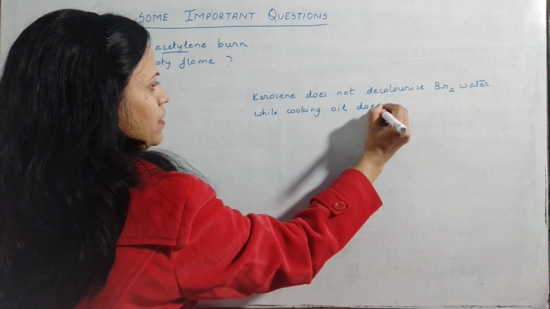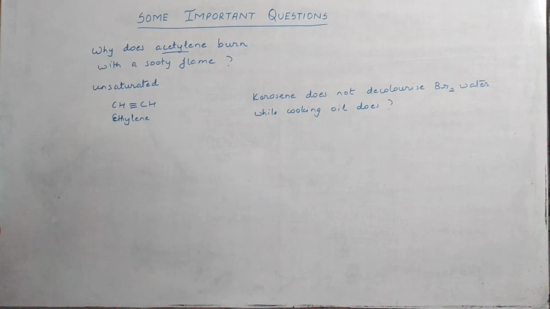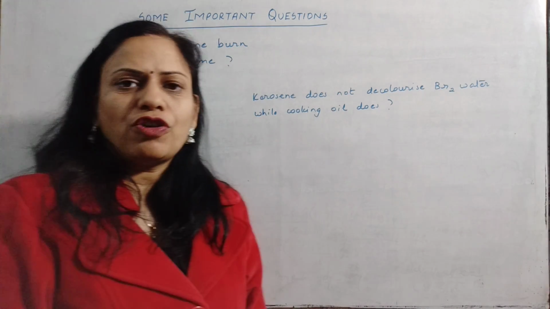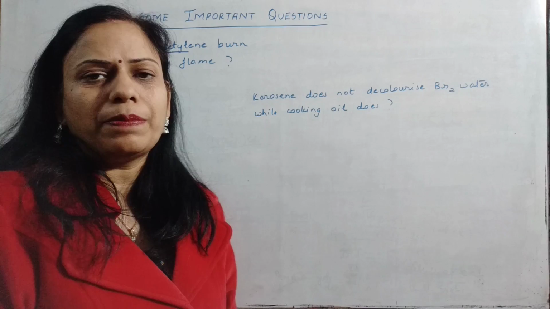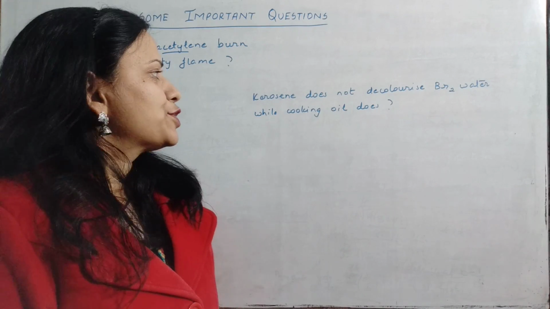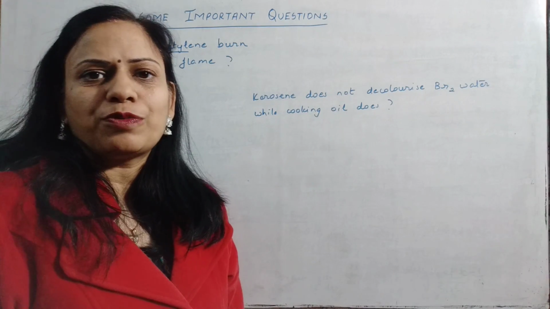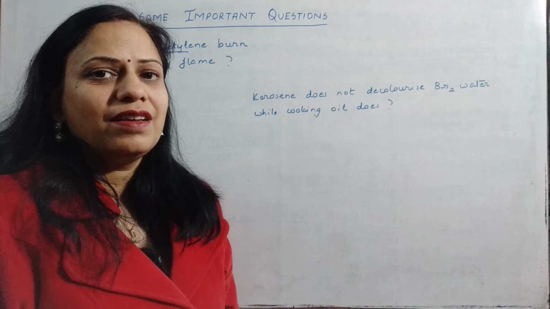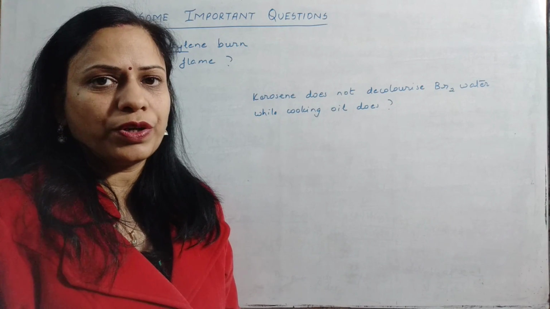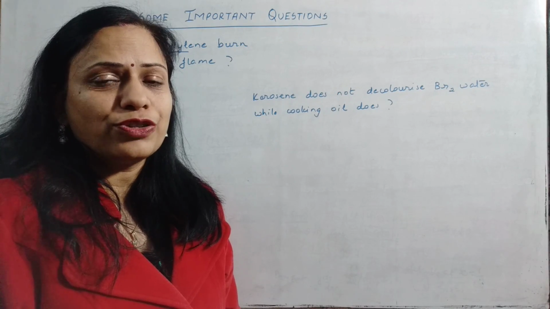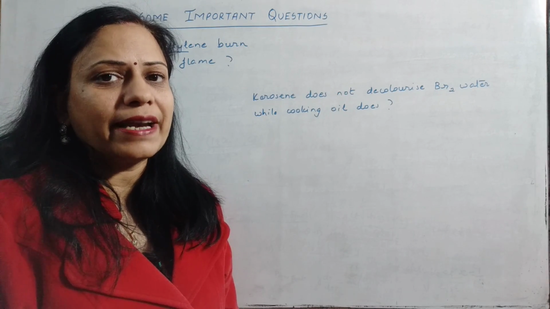Now I expect that you should know the answer to this, because this is what I have discussed just now with you in the previous question which I took up just before I erased the board. So kerosene does not decolorize bromine water. What does this mean? What are the compounds which decolorize bromine water? They are unsaturated compounds because bromine gets added to them.